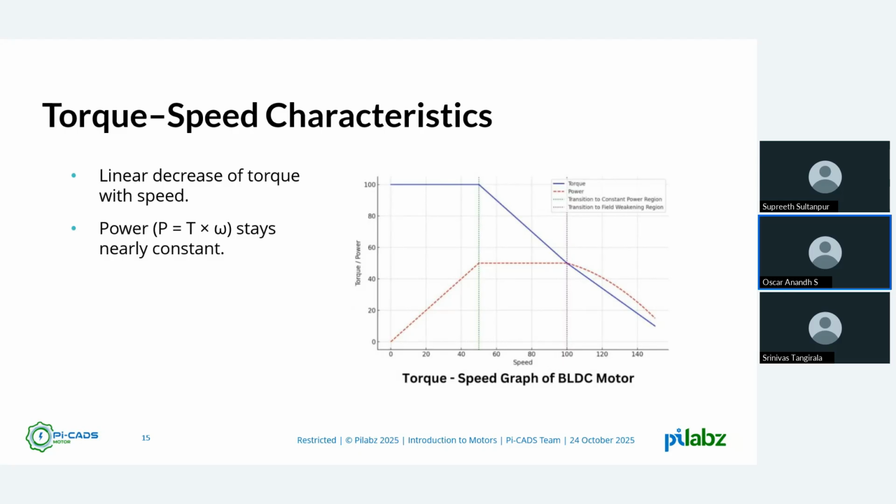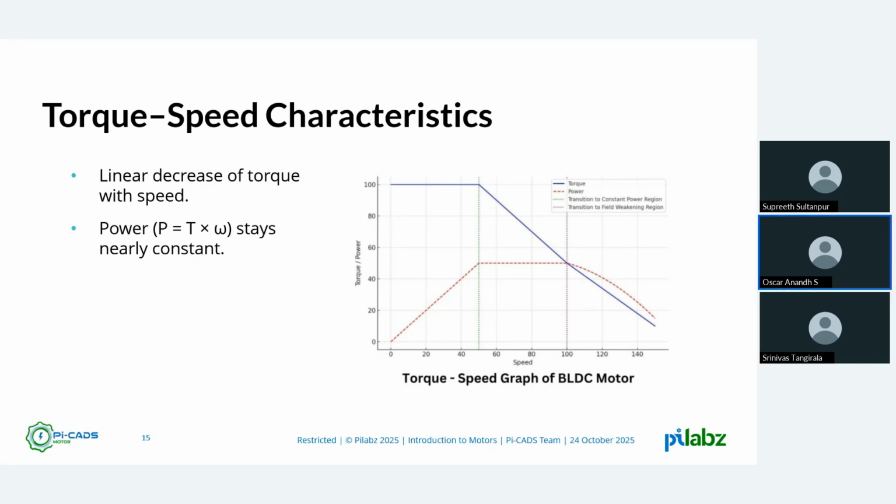When the motor speed increases, the torque decreases linearly. At the initial stage we need high torque, but when speed increases, the torque reduces. But the power stays almost constant over most of the speed range.